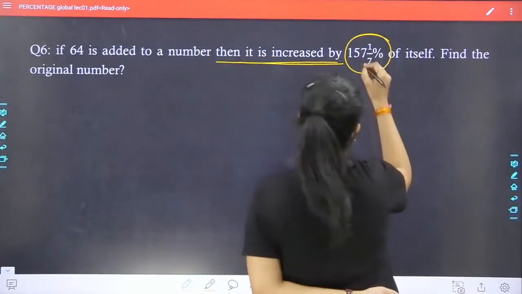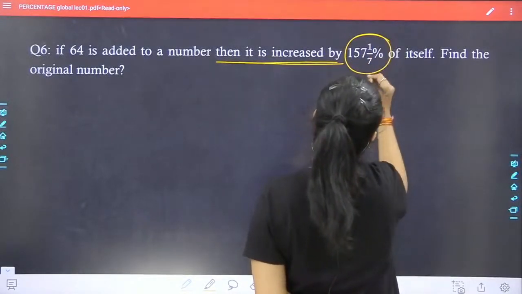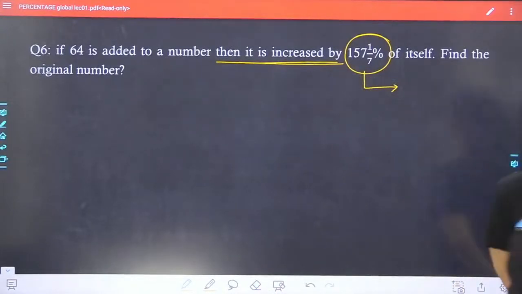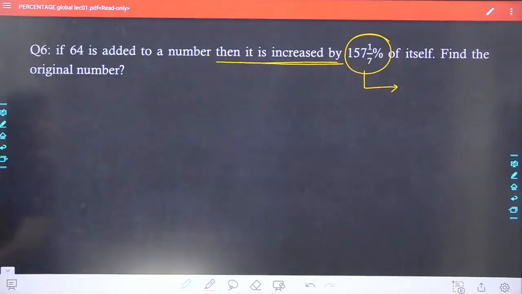We can write 157 1 by 7%. How do I write 157 1 by 7% in fraction?